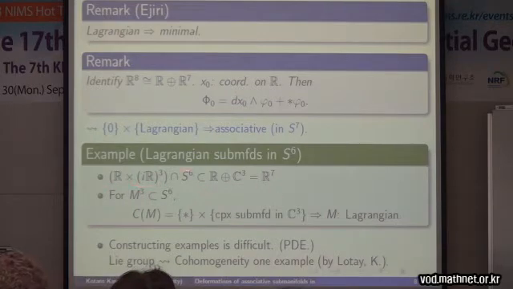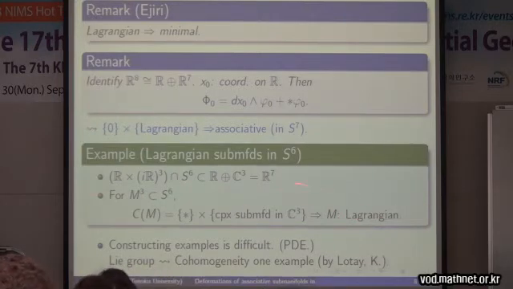Then it is known to be Lagrangian in S6. And in general, for an oriented 3-submanifold M in S6, if its cone is of the form point times a complex submanifold in C3, then M is known to be Lagrangian.